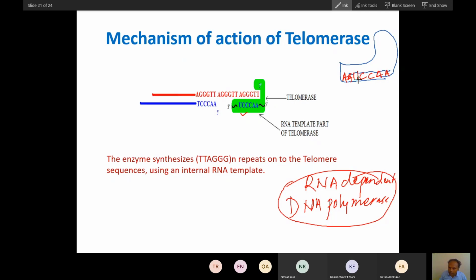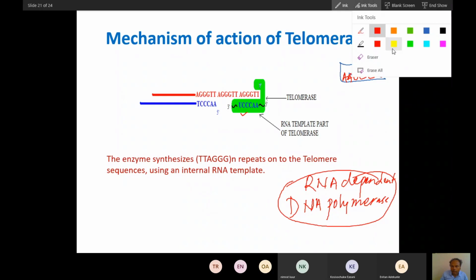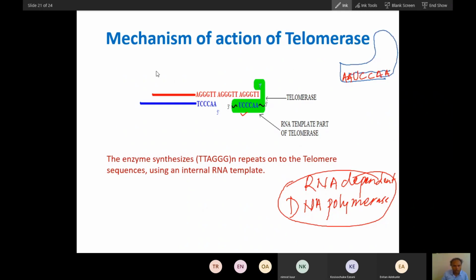Now what will this do? I'll explain it very nicely. Let me draw this structure here.